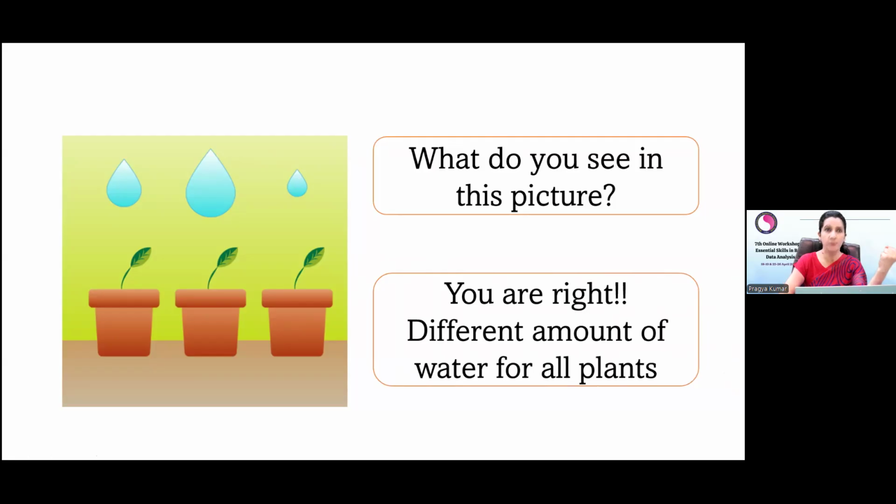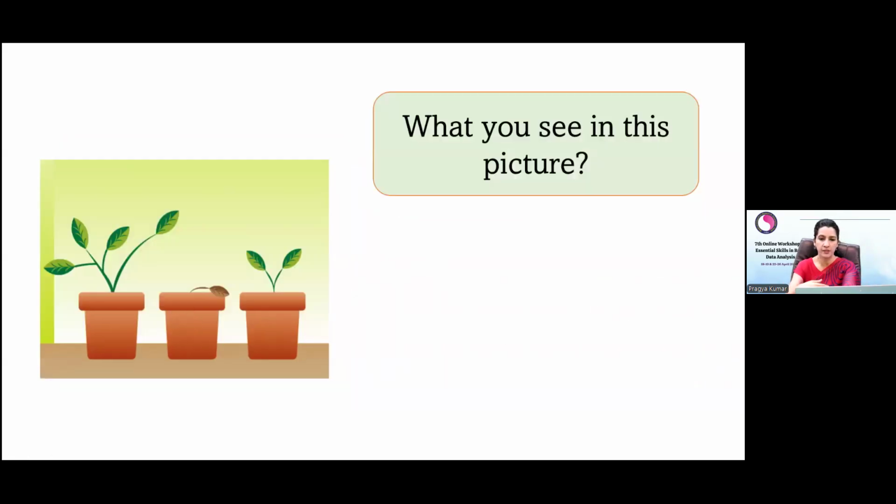There are different amounts of water, and this is your plant. If I ask you which is the dependent variable and which is the independent variable, is water independent or dependent, or are the flowering plants independent or dependent?